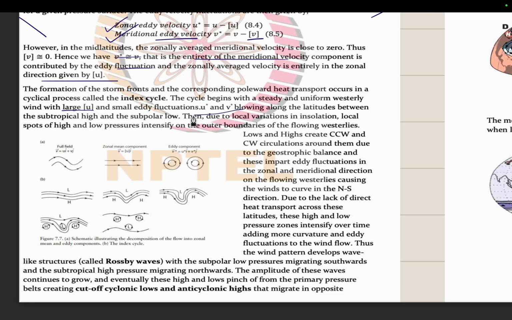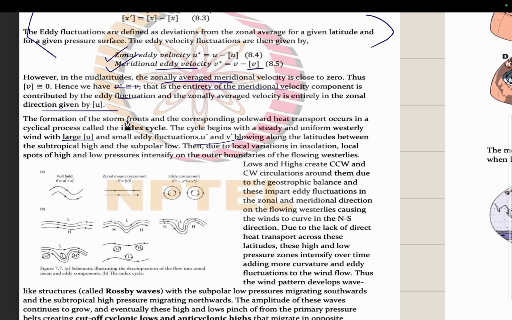You have seen here that the zonally average meridional velocity is 0, so the index cycle has no effect of this v bracket. It has only the effect of the u bracket, which is the zonally average velocity.